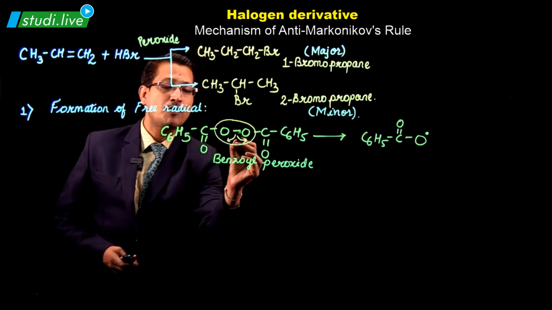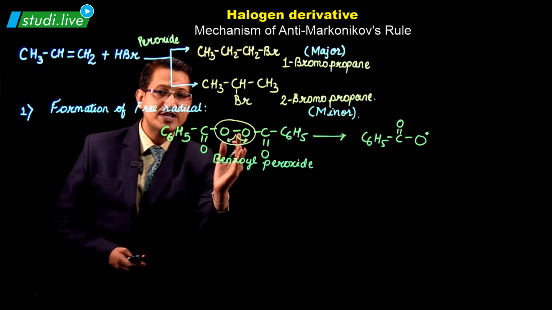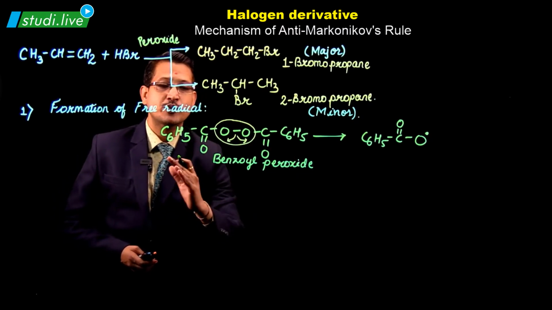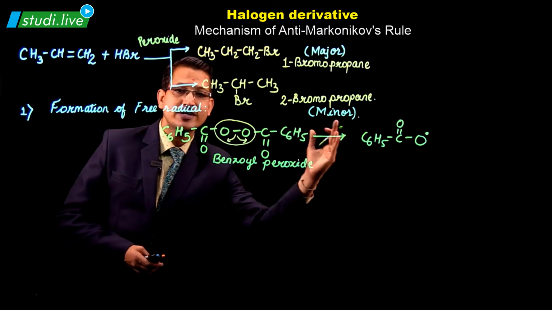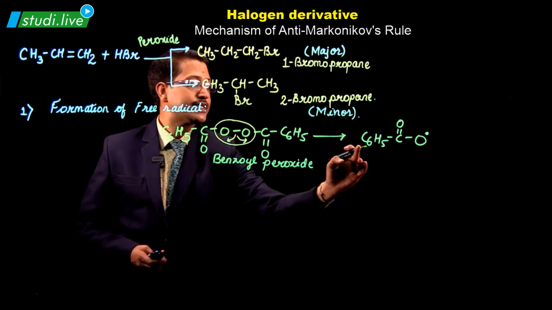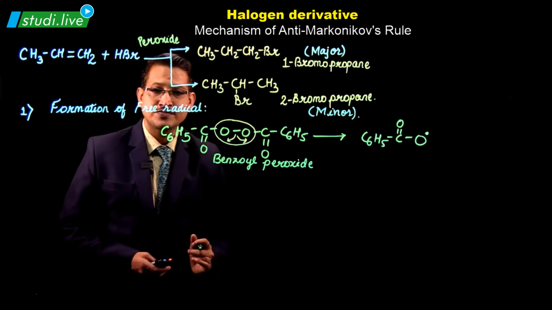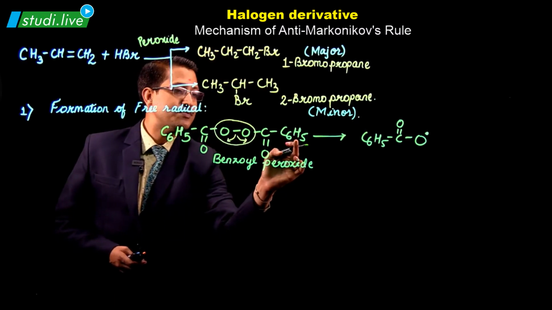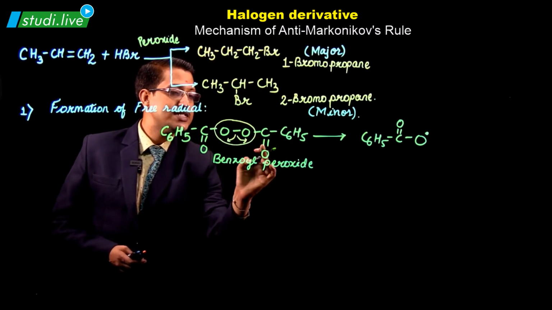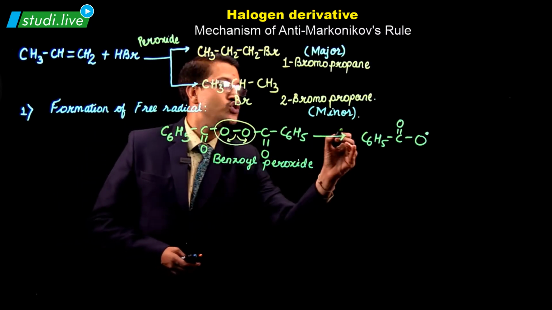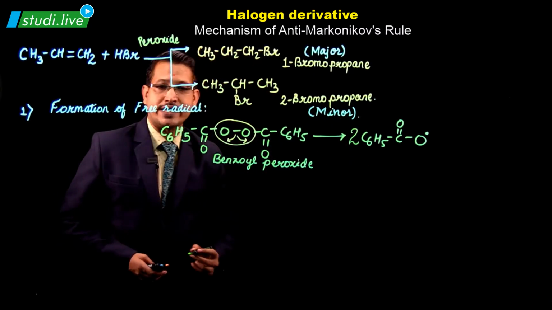Because this is a single bond undergoing homolytic fission, the electrons are equally distributed, one for this oxygen, one for the next oxygen. On the other side it is the same, C6H5 C double bond O, single bond O, so you can mention this two times.